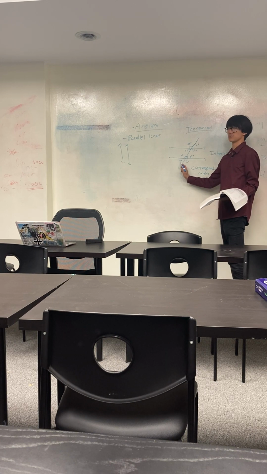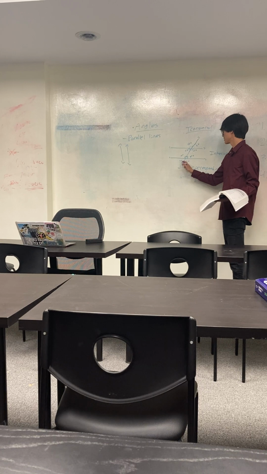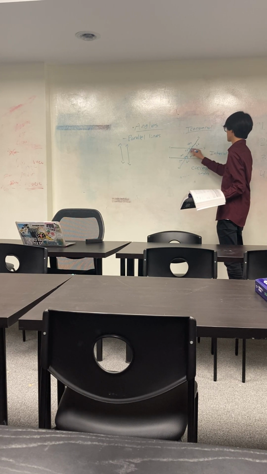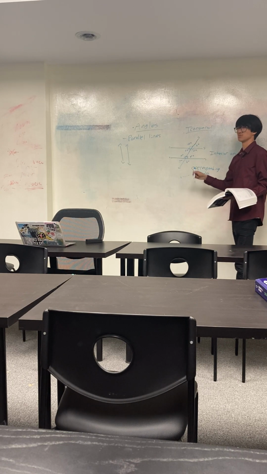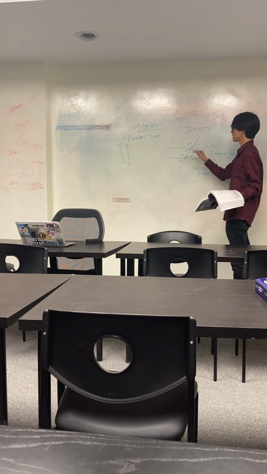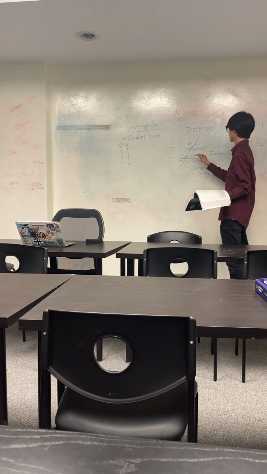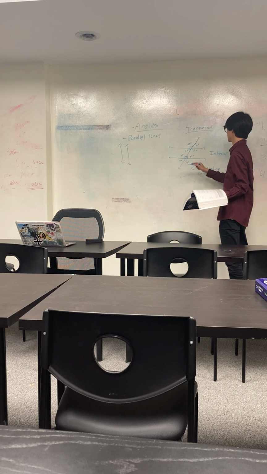Angle G is acute because it's smaller than 90. Angle G is acute, angle F is acute, therefore they're equal. Same thing with B and C. B is acute, C is acute, they're equal. B, G, they're both acute, they're equal. Let's see, where else? C and, did I say C and F already?